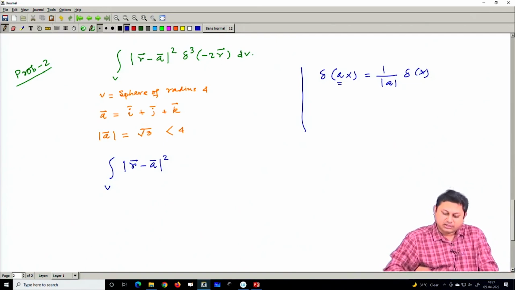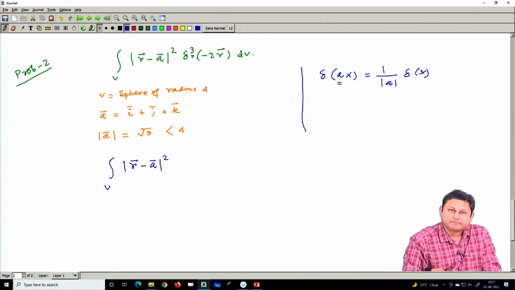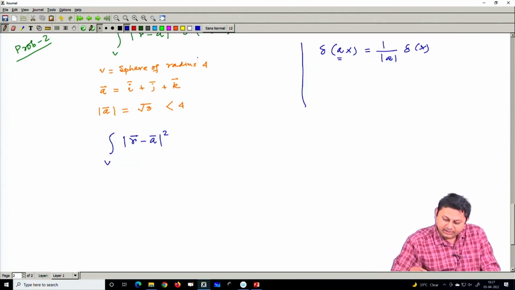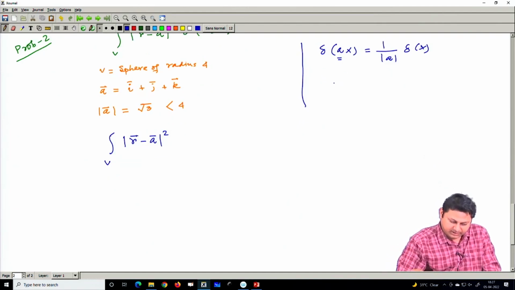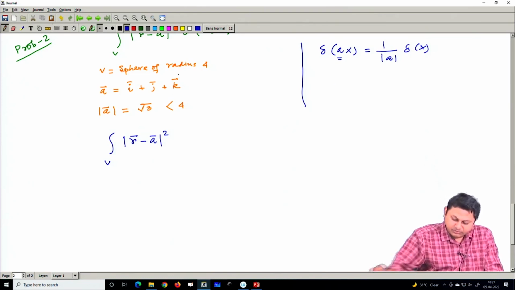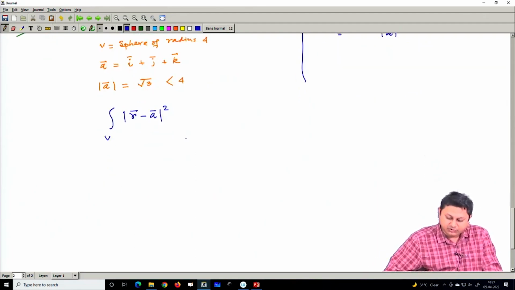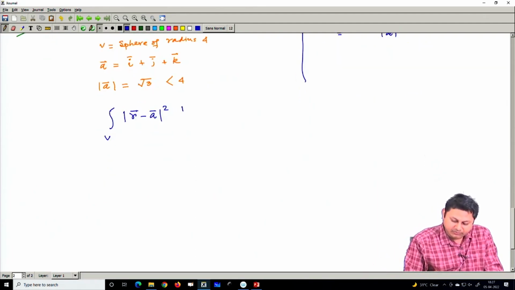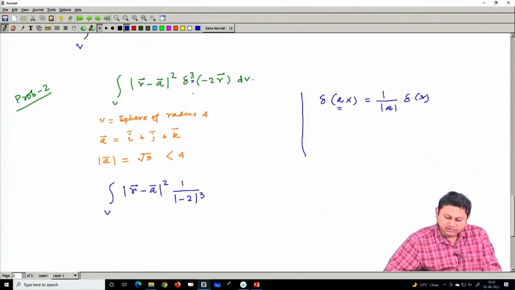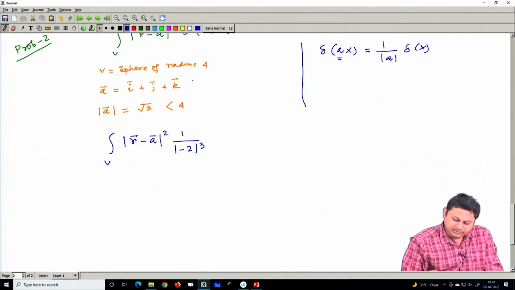Now, it is delta cube sitting here, so this quantity should be multiplied by 1 divided by mod of 2 cube, because it is 3 dimensional delta cube, and then I have delta r and dv.